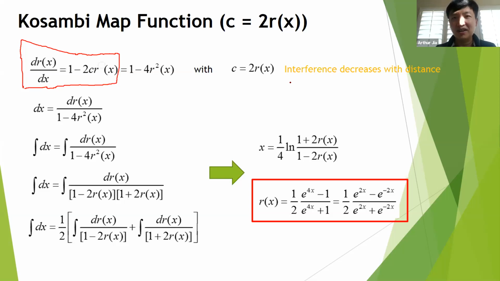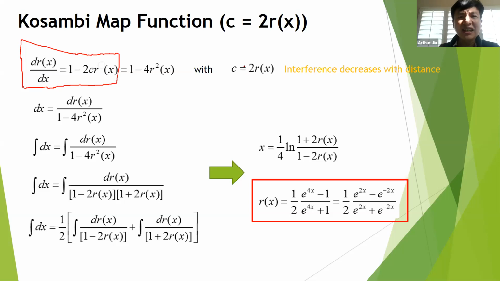So this is complete interference. But as these two regions move further apart, the interference becomes less. So the interference decreases with the distance.